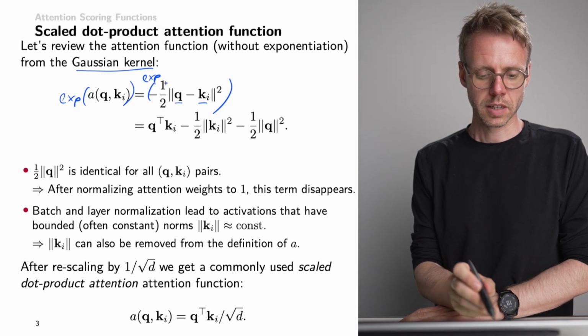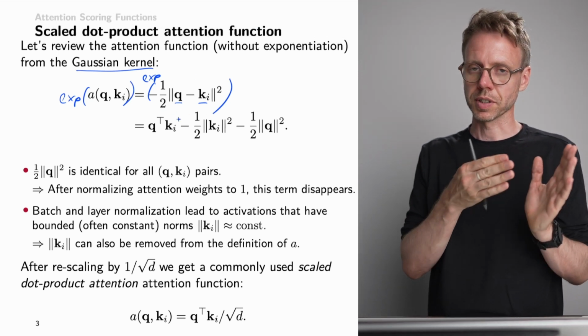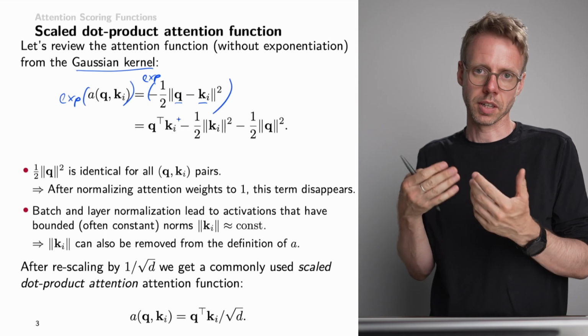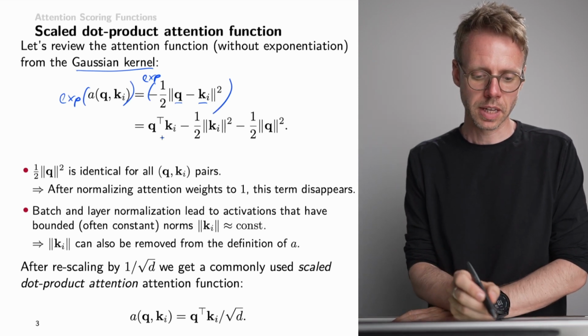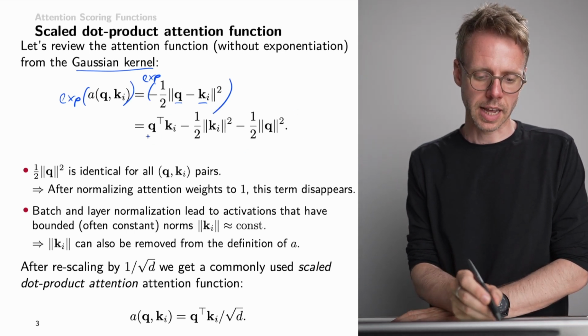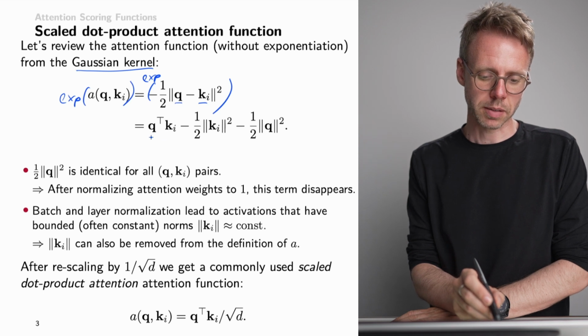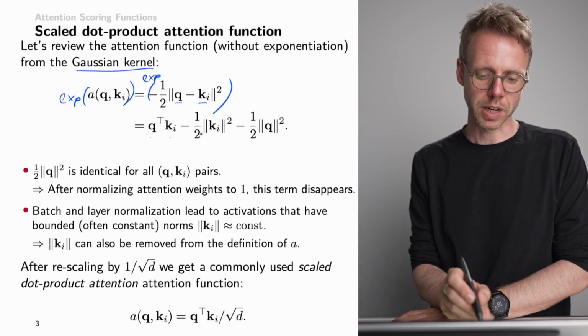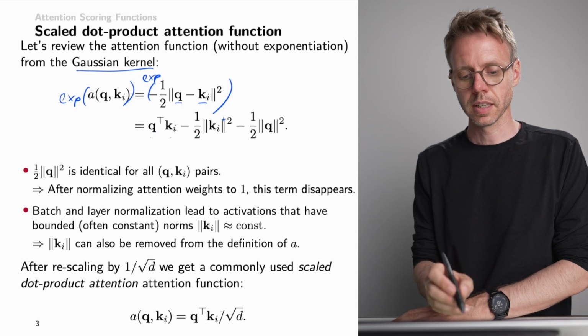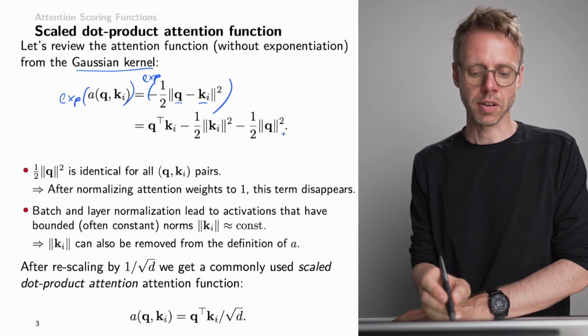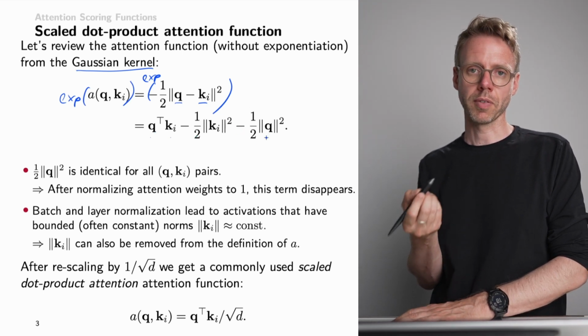This squared norm of the difference between the query and key, if it is the Euclidean norm, can be written as the inner product between the query and the key minus 1/2 the squared norm of the key minus 1/2 the squared norm of the query.